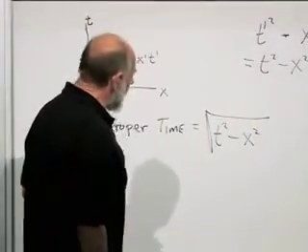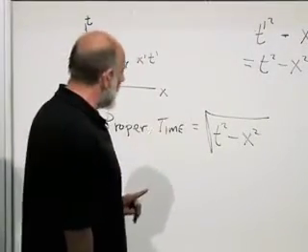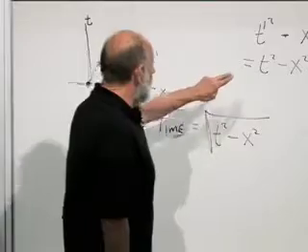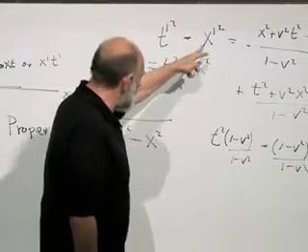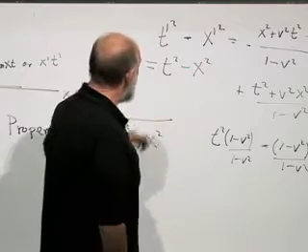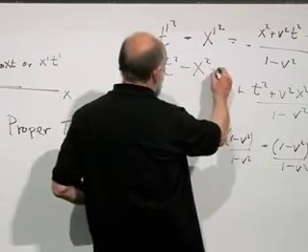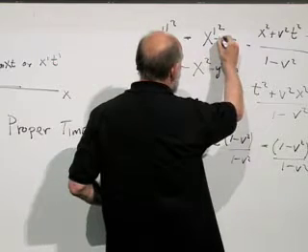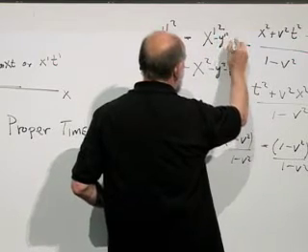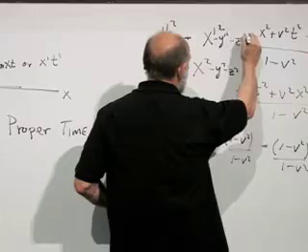Oh, I should add something in. If we are working in three spatial dimensions, not one spatial dimension, then we should also add in minus y squared minus z squared here, minus y prime squared minus z prime squared.